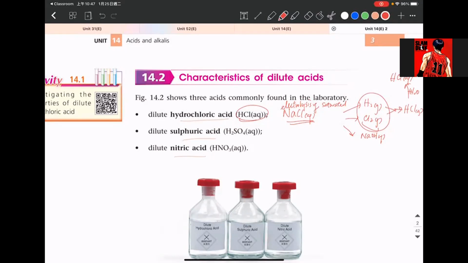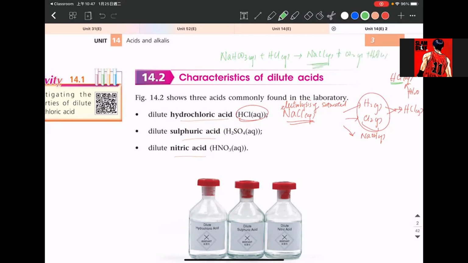But once I have HCl, I can also use this to produce the salt. Why? For example, if you have baking soda powder, I would react it with an acid to form NaCl again, CO2, and H2O.